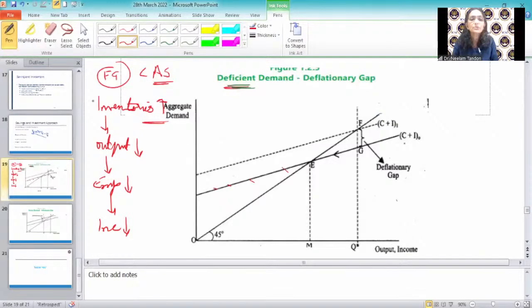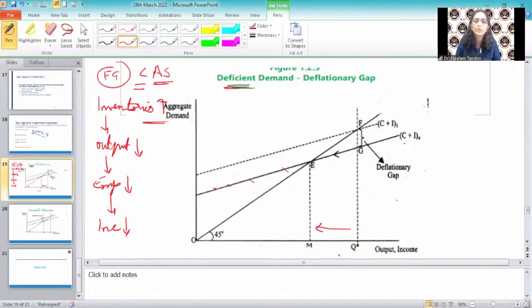Okay, output reduces inventory. And how long will this go on? Till aggregate supply matches up with this deficit demand. That is why you see these downward arrows and this shift in output and income from right to left, that means income in the economy decreases.